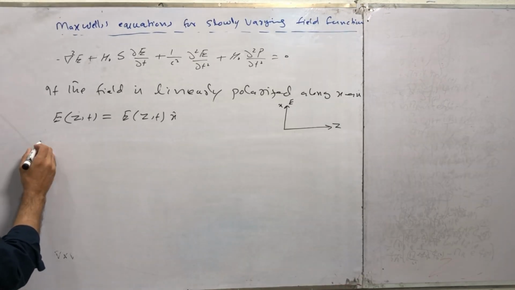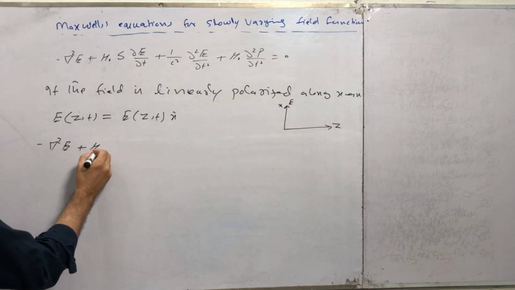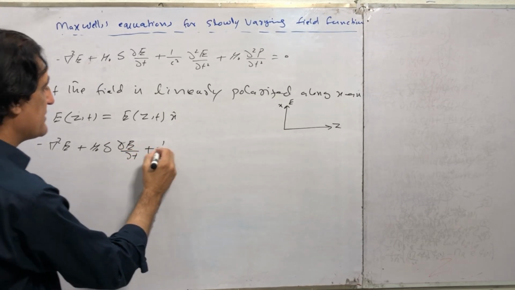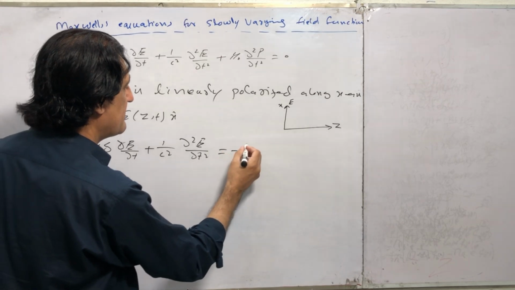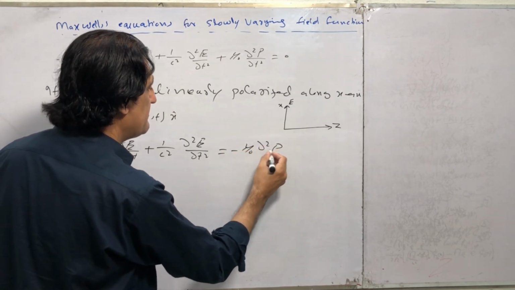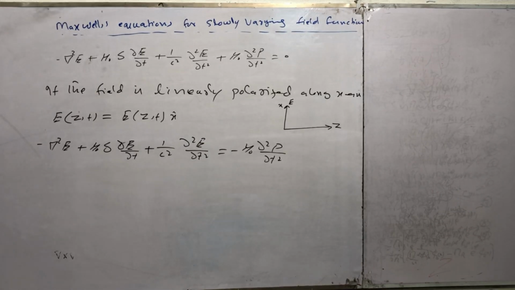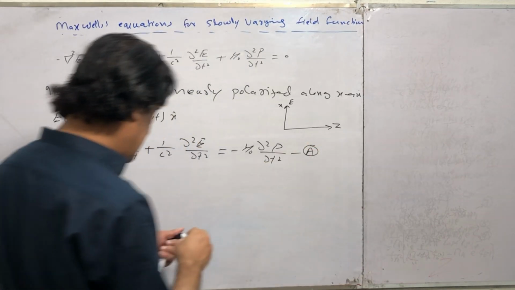This equation can be written: minus del square E plus mu naught sigma partial E divided by partial t plus 1 over c square partial square E divided by partial t square minus mu naught partial square P divided by partial t square. And let's say this is equation number A.